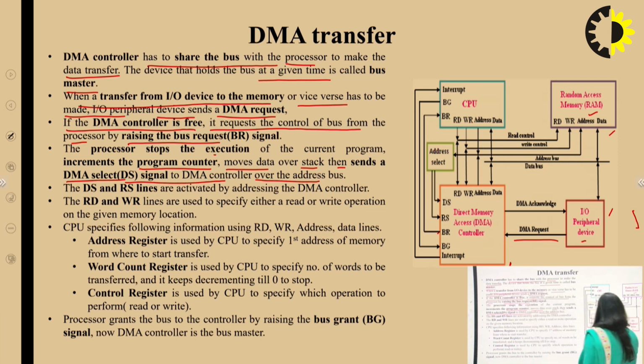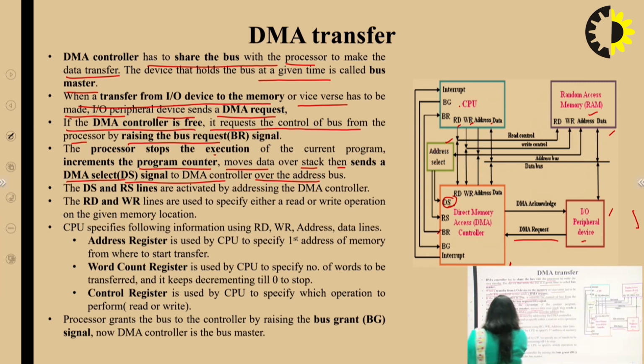So when the DMA controller sends the bus request to the CPU, the CPU sets the DMA select request through the address bus. Here are the read, write and address data. Here is the address bus, and the CPU sends the DMA select request through the address bus to the DMA controller.